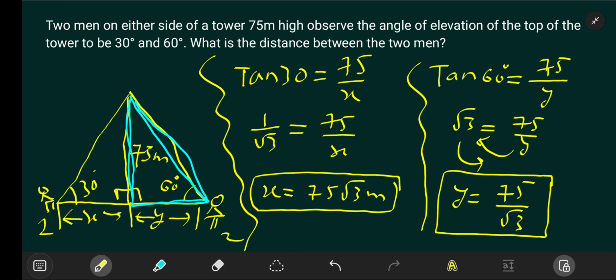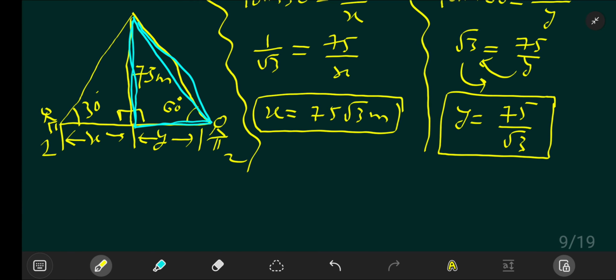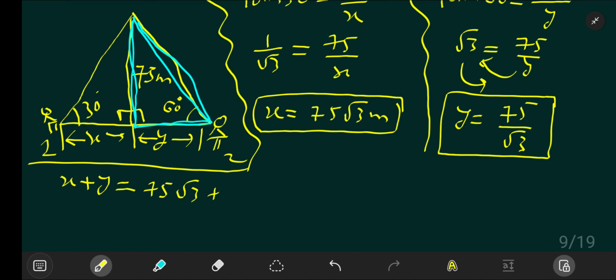The complete distance is x plus y, so we have to add both x plus y values. Now x plus y is equal to 75 root 3 plus 75 divided by root 3. Take the LCM.